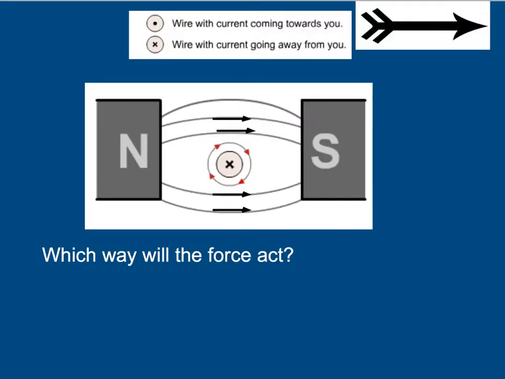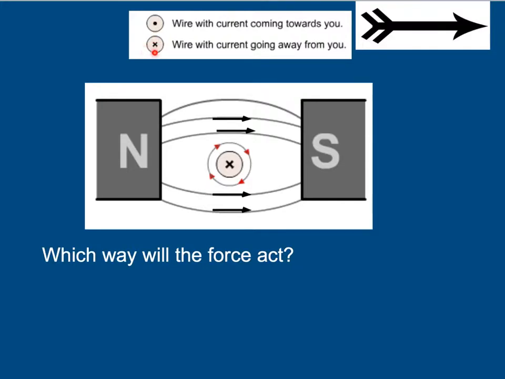When we look at diagrams showing the motor effect, we often simplify them. And you can see that we use this notation for the direction in which the current is flowing. You can think about it like an arrow. If an arrow is being fired towards you, then all you would see is the tip of the arrow coming towards you.